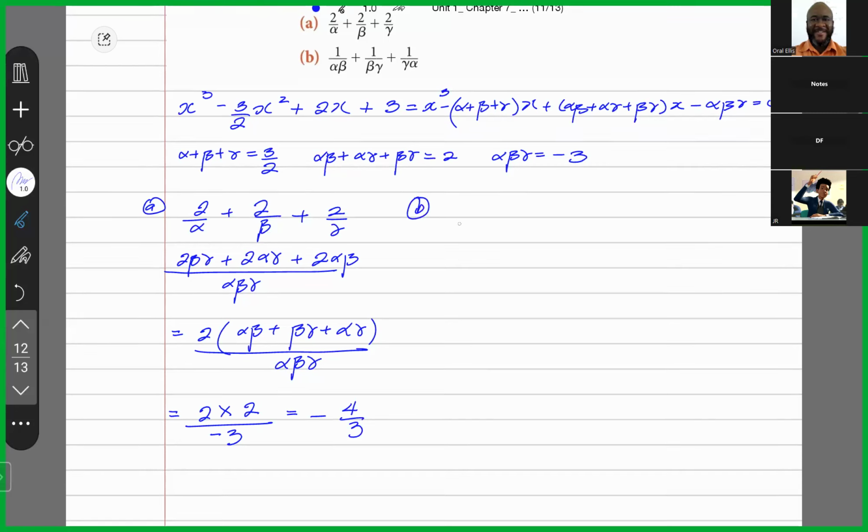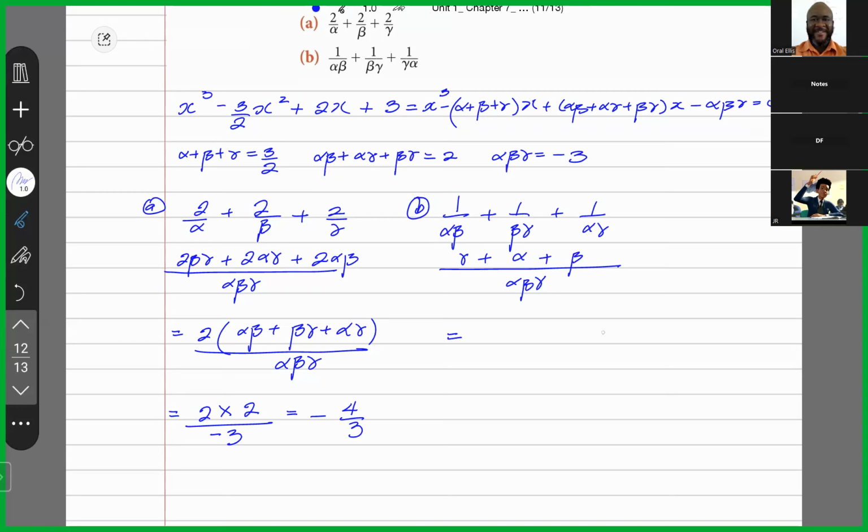Let's go for B. B is asking for the value of 1 over alpha beta plus 1 over beta gamma plus 1 over alpha gamma. The LCM is still alpha beta gamma. Alpha beta gamma into alpha beta is gamma times 1. So this is gamma plus this is alpha plus this is beta.